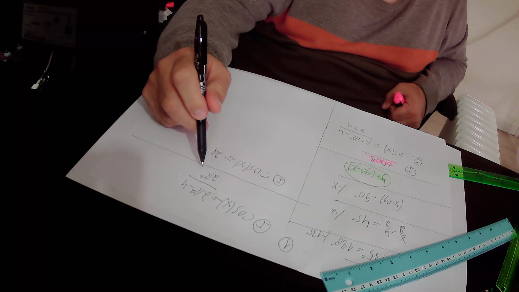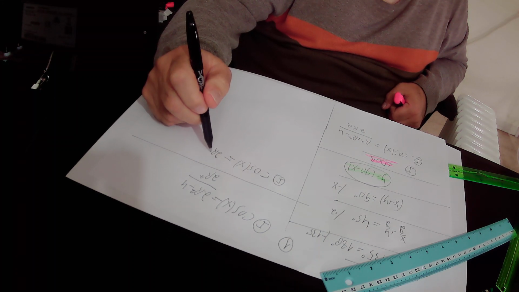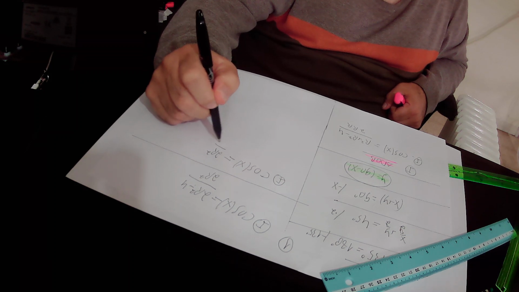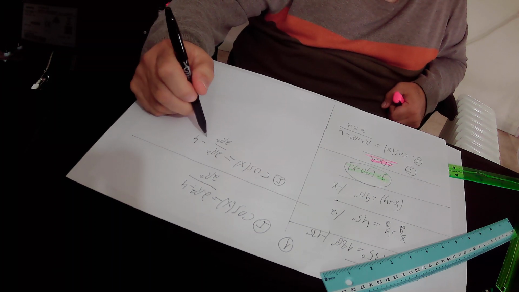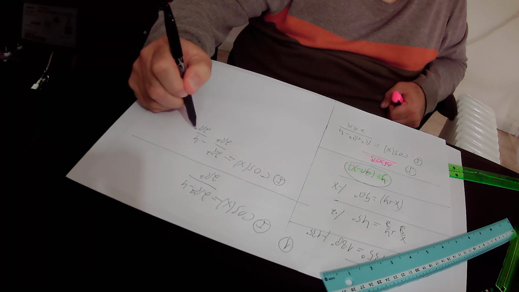So we'll split this expression into two parts. The first part will be 2r squared over 2r squared, and the second part will be minus 4 over 2r squared.